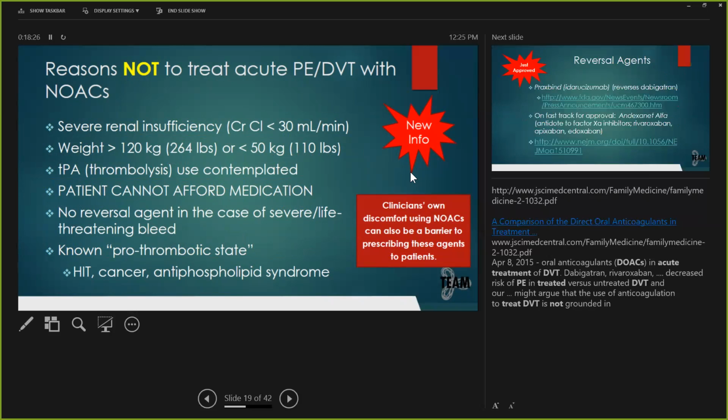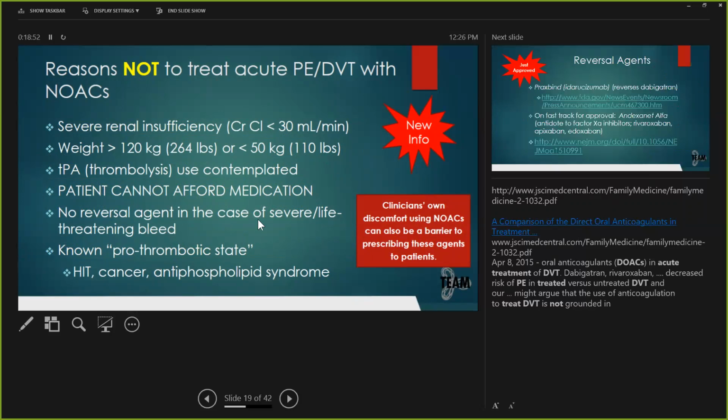And if you have a TPA contemplated, we should wait till the patients are safe before we get them on it. And the other thing is these medications are expensive. So we need to make sure the patients get covered. The drug companies have been good, giving some copay cards for patients so they are able to afford the drug. That has helped us in using these newer agents too.